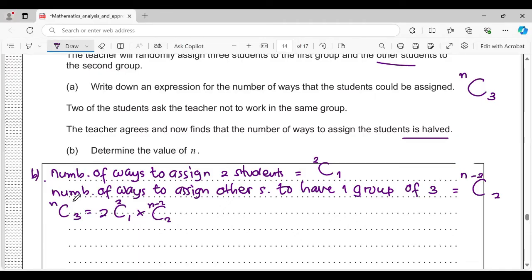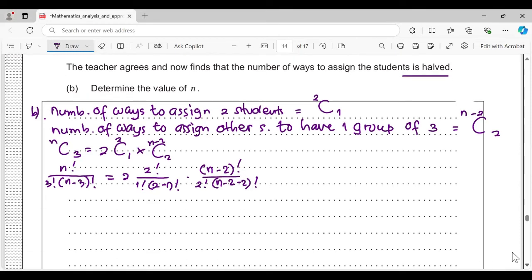So these combinations in factorials we can write: n factorial over 3 factorial times n minus 3 factorial equals 2 times 2 factorial over 1 factorial, 2 minus 1 factorial, times n minus 2 factorial over 2 factorial, n minus 2 minus 2 factorial.